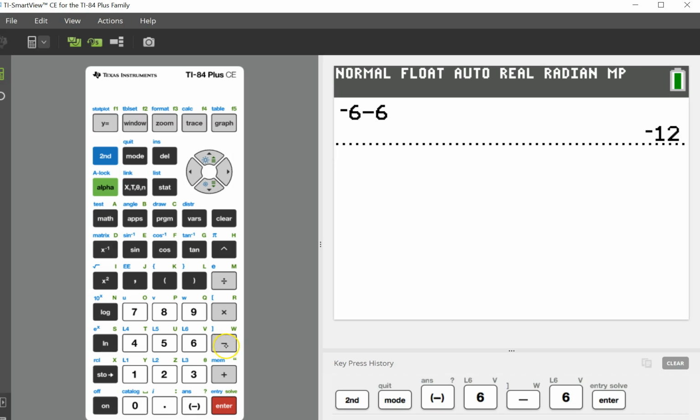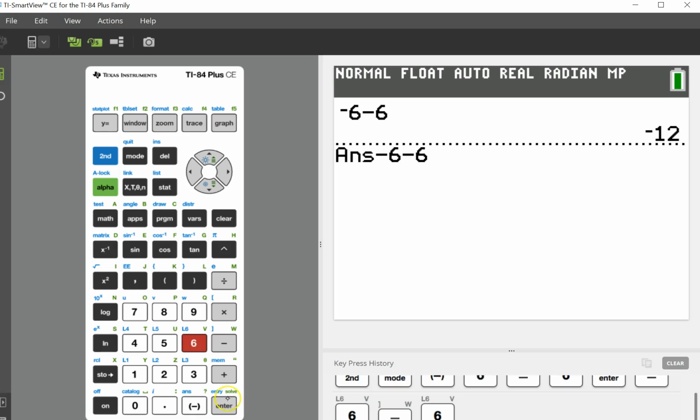Has anyone ever accidentally hit the minus key for a negative? If you tried to type in minus for a negative 6 minus 6, notice the answer that pops up here is completely incorrect. When I hit the minus key first, it popped up with ANS. So as I just said, be very careful that you don't inadvertently use the minus key when you should use the negative.